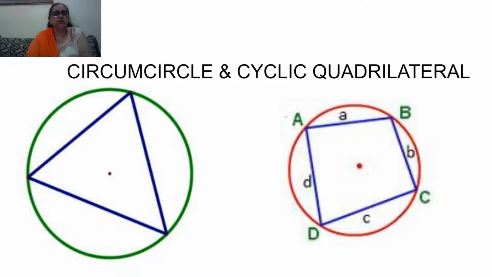Here you see a circumcircle of a triangle. You observe that the vertices of the triangle are on the circle and the sides of the triangle are in the interior of the circle. In the same way, in a cyclic quadrilateral also, the vertices are on the circle and the sides are in the interior of the circle.